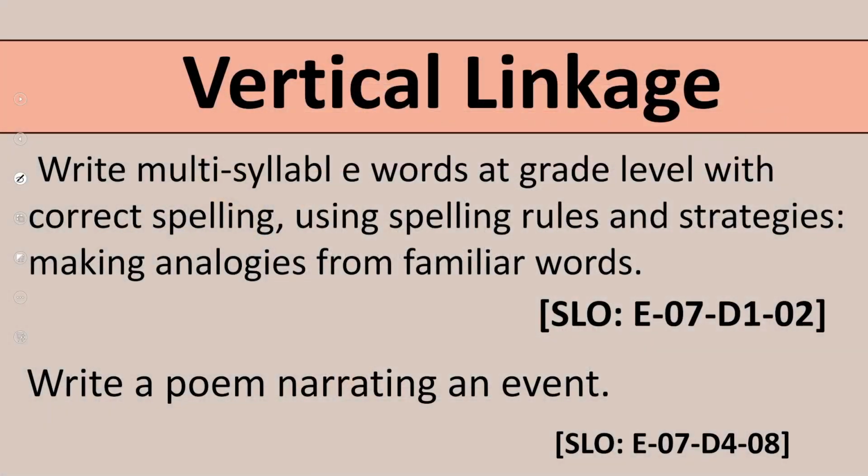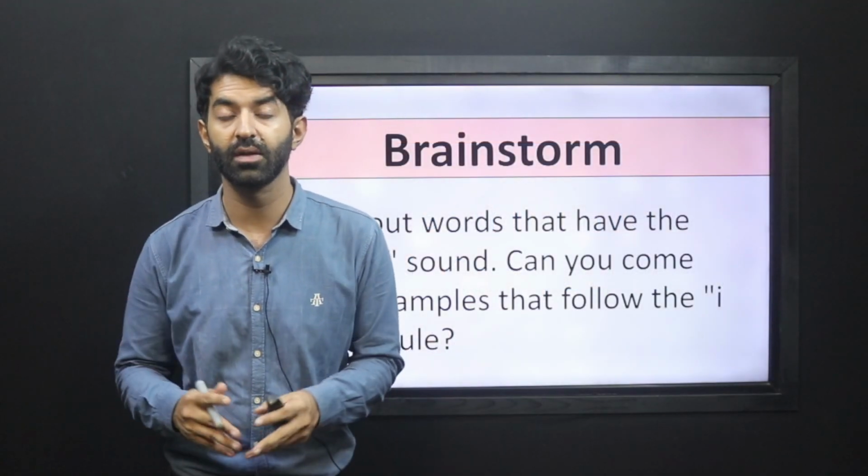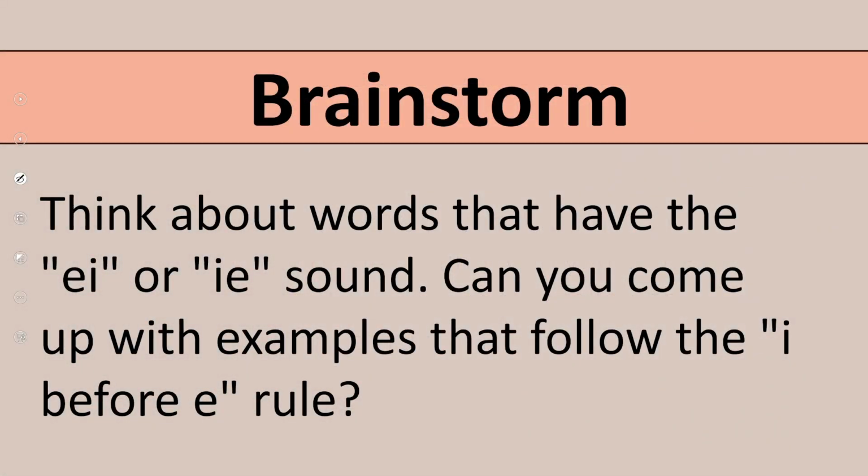Here is a vertical linkage, and let's move on to our brainstorming session today. Students, before we begin the lesson, I want you to think of these two prompts that you can see on the screen. Think about words that have the EI or IE sound. Can you come up with words that have this pattern or this group of letters?